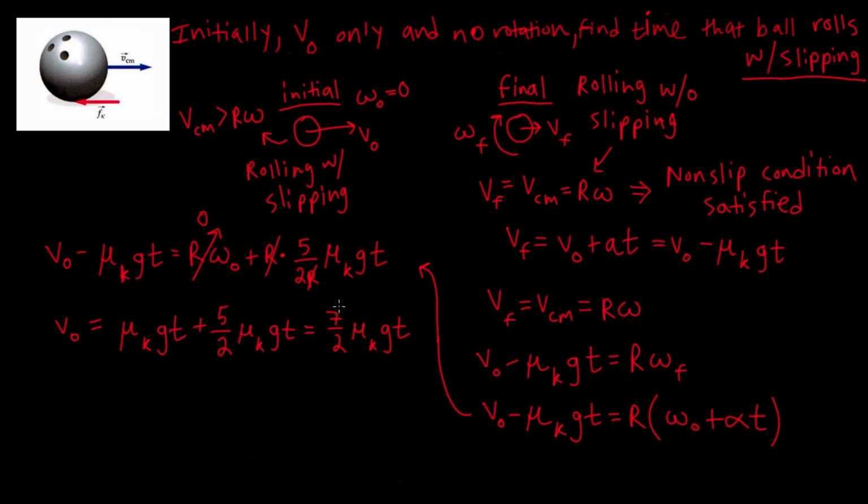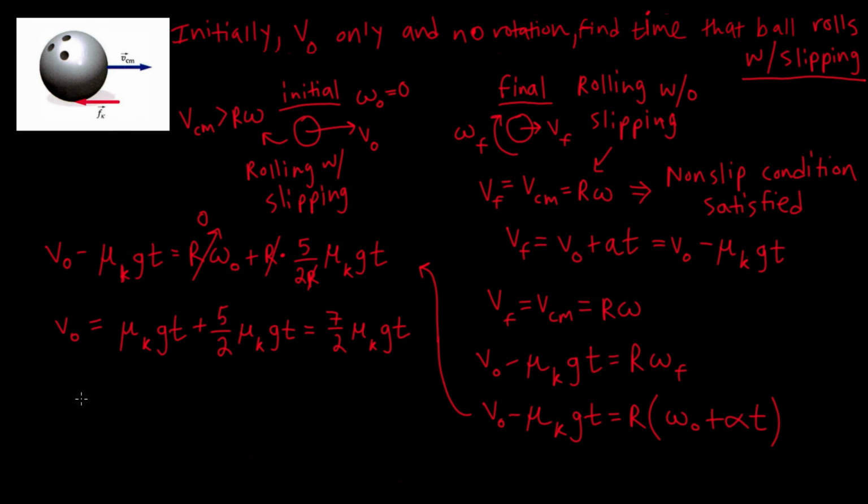And so let's isolate that by multiplying both sides by the reciprocal of this fraction and dividing both sides by mu k and g.